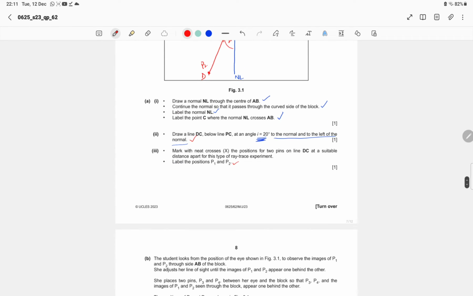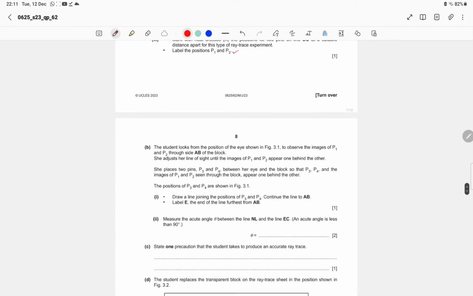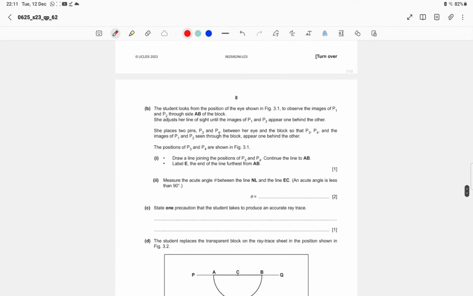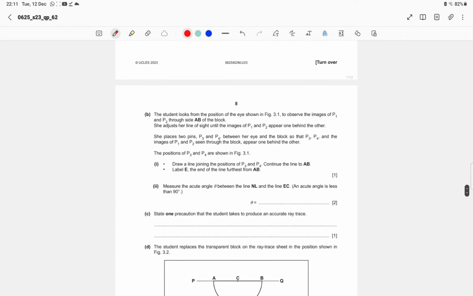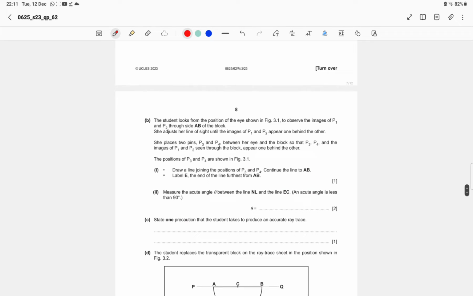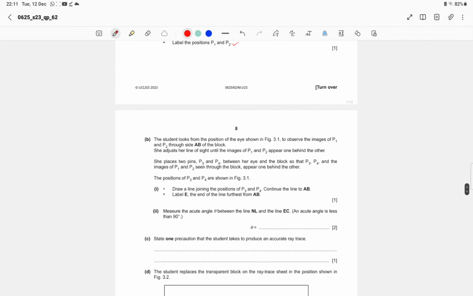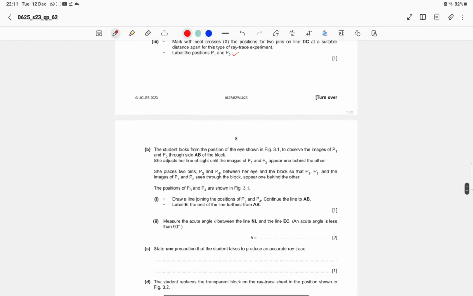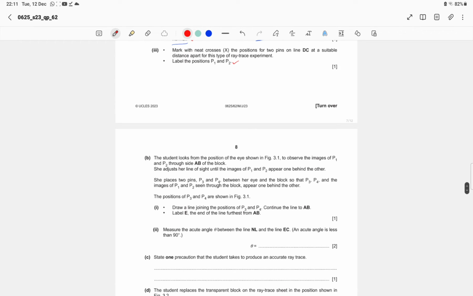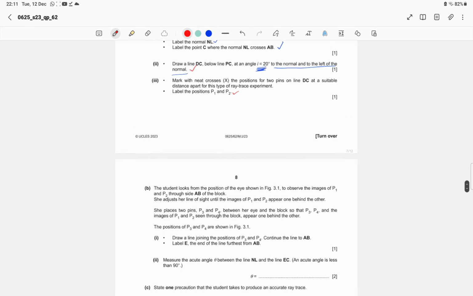Okay, now the next question states that the student looks from the position of the eye shown in figure 3.1 and observes the image of P1 and P2 through the side AB of the block. So now you have to do this. She adjusts her line of sight until the images of P1 and P2 appear one behind another.